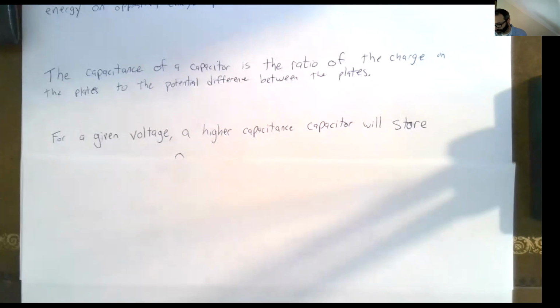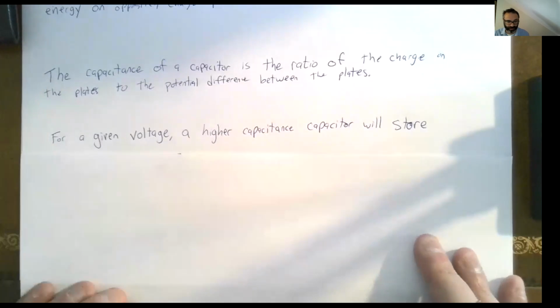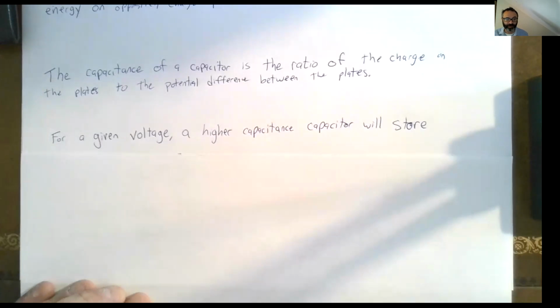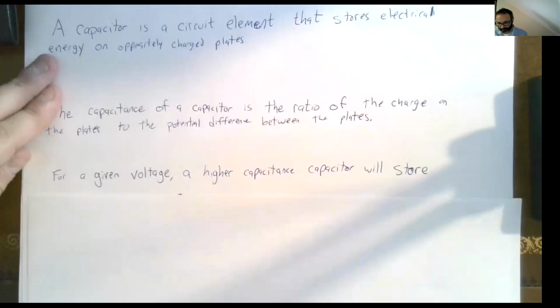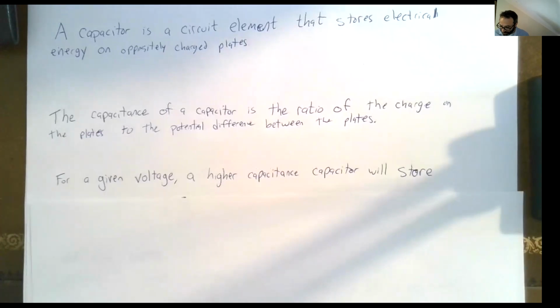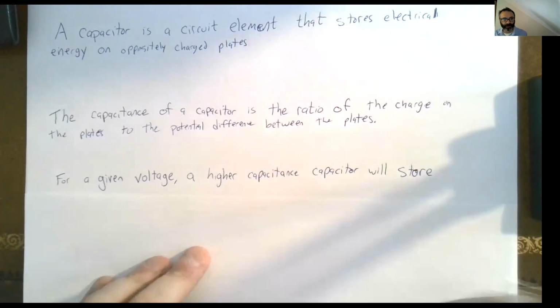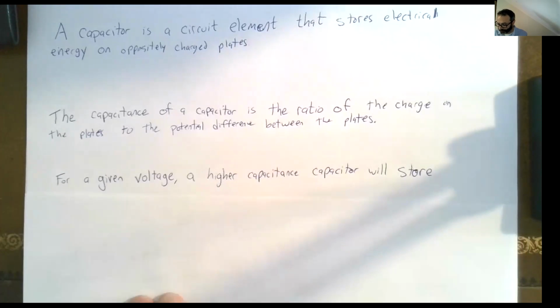And for a given voltage, usually the voltage is constant because the capacitor is connected to a battery in a circuit, and we'll see how that works later on. Can you move the paper up for a second? I want to see a word. Thank you. So what we'll see is that for a given voltage, if you have more capacitance, you'll be able to store more charge.